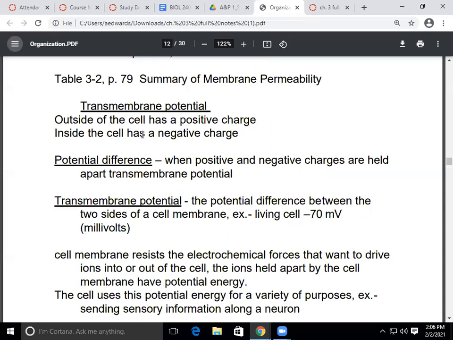The transmembrane potential is that difference in potential between the two sides. In a living cell, our resting membrane potential is negative 70 millivolts. So the inside of the cell is 70 millivolts lower in charge than the outside. Again, we'll talk more about that when we get to the nervous system.